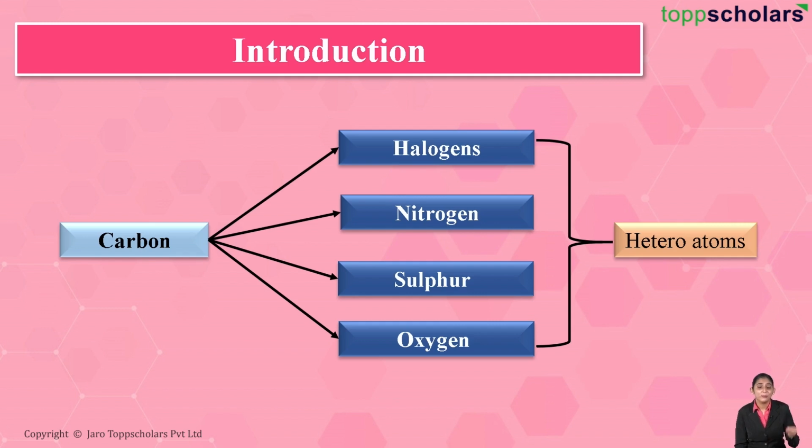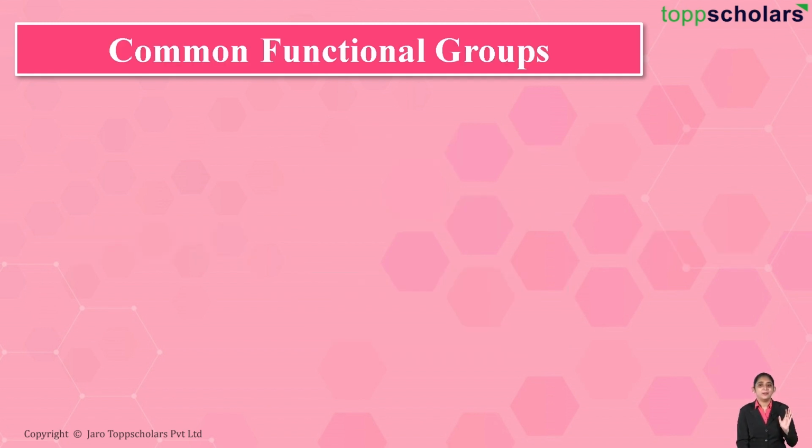So what are heteroatoms? Heteroatoms are atoms of elements such as halogen, nitrogen, sulphur, and oxygen which substitute hydrogen atoms present in the hydrocarbons.